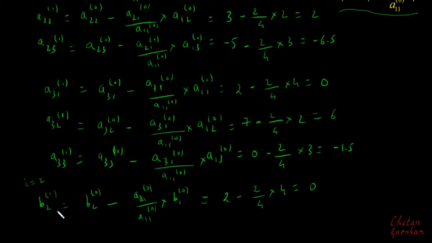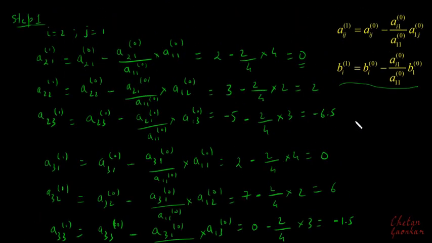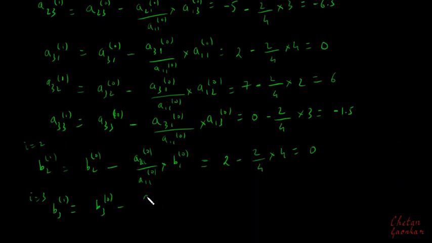And then similarly I need to find now b3, that is for i equal to 3 we will have b3 new as b3 original minus, in place of ai1 I will have a31 original divided by a11 original multiplied by b1 original.